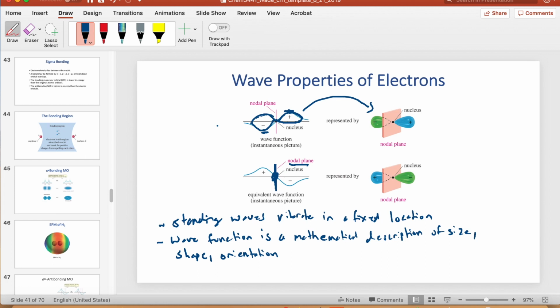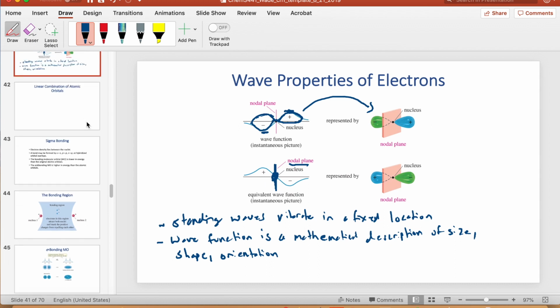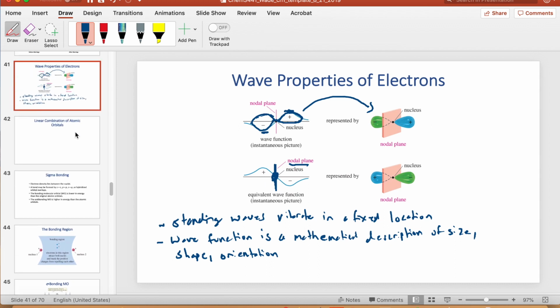So the next thing we're going to discuss is how we actually get to a bonding orbital, and really what they are. We get these by combining atomic orbitals. Each atom that's going to form a bond has its own atomic orbital.